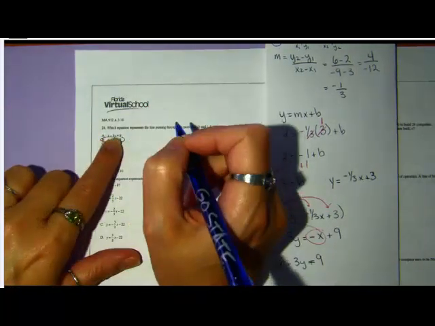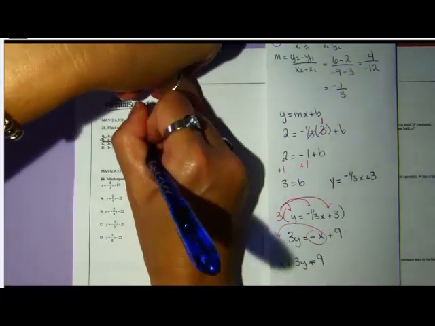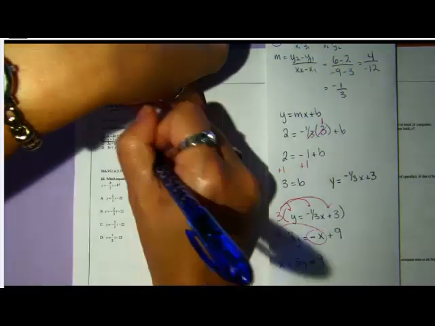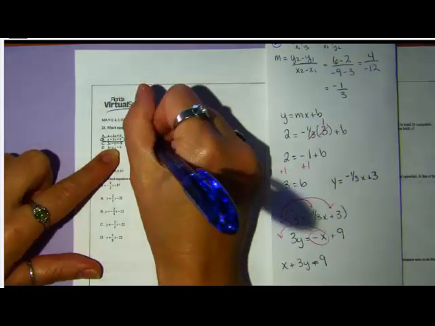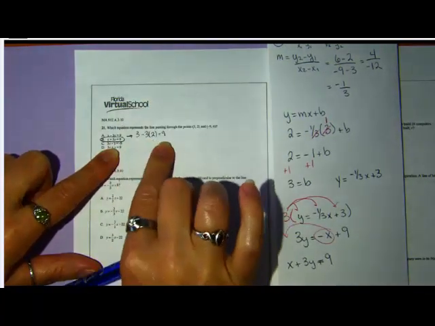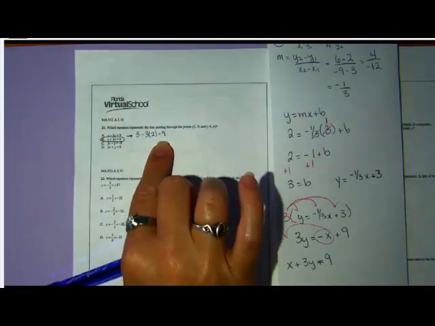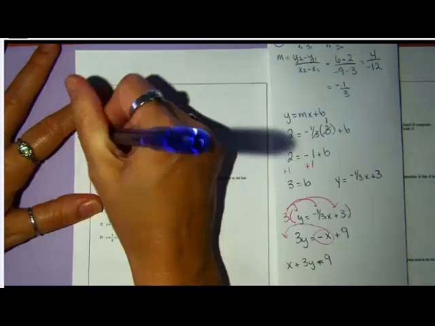The first one is x minus 3y equals 9. So I would plug in the first x and the first y. I'd get 3 minus 3 times 2 equals 9, which is 3 minus 6 equals 9. That automatically is not true, right? So it can't be A.